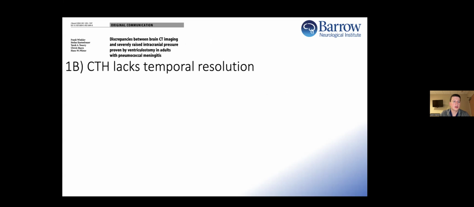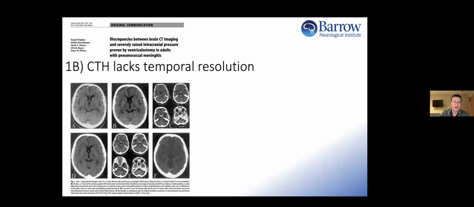This was a particularly interesting case series published in the early 2000s, about the issue being that CT scans lack the temporal resolution to determine when ICPs are actually elevated. So they presented three cases in this paper. This is one of the figures from the paper.